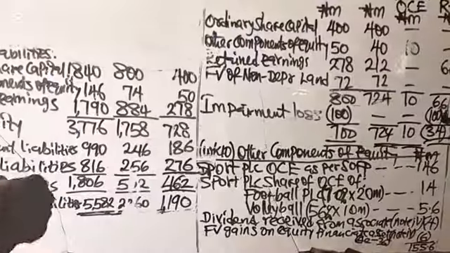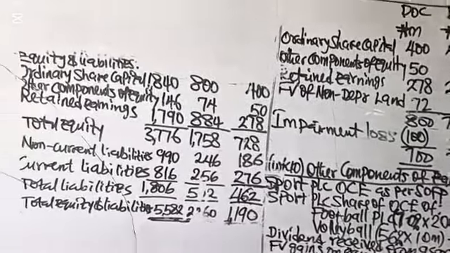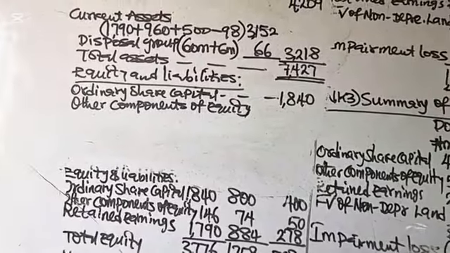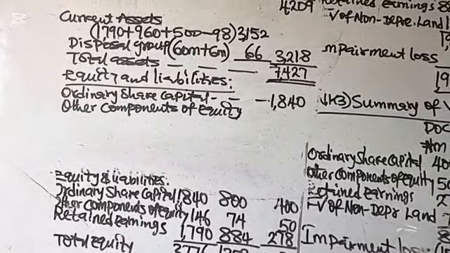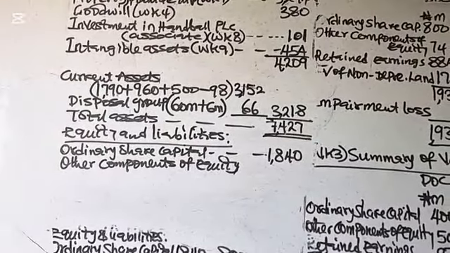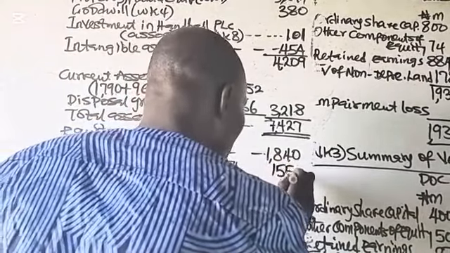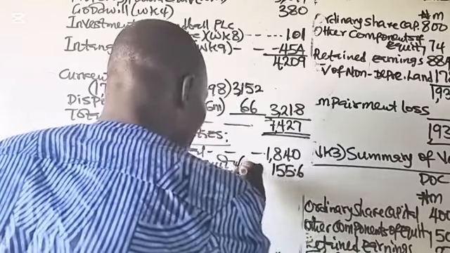So this amount will be recognized as other components of equity in the consolidated statement of financial position. So we have 155.6. That is working number 10.